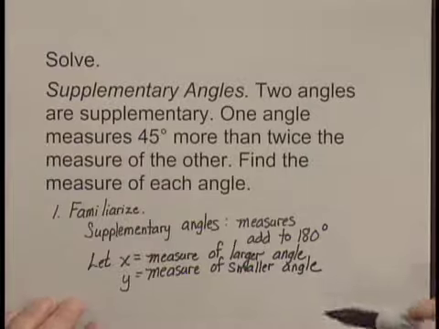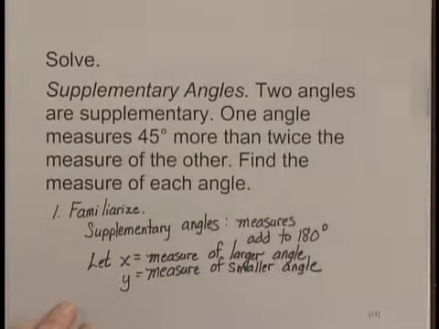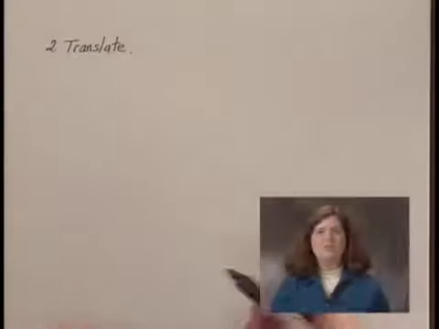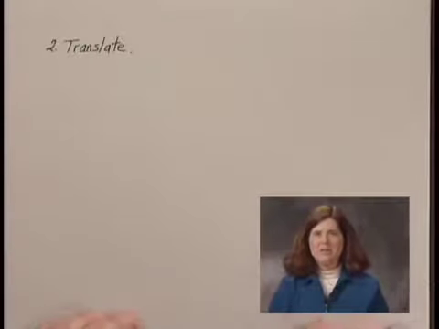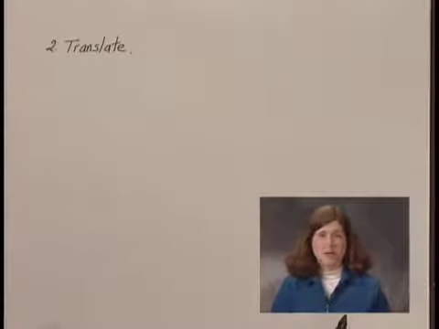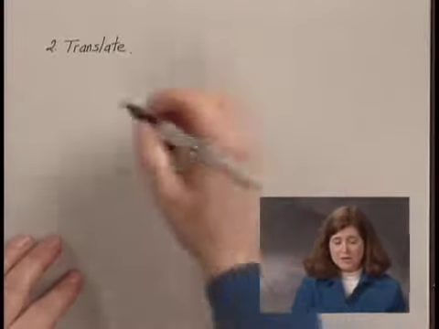Now that we have this much information, we can move to our next step, which is to translate the problem to mathematical language. I'm going to start by rewriting the two relationships that I see in that problem in English in a maybe a little bit different way that will make it easier to translate directly to math. I know that the two angles are supplementary. That means that their measures add to 180 degrees.